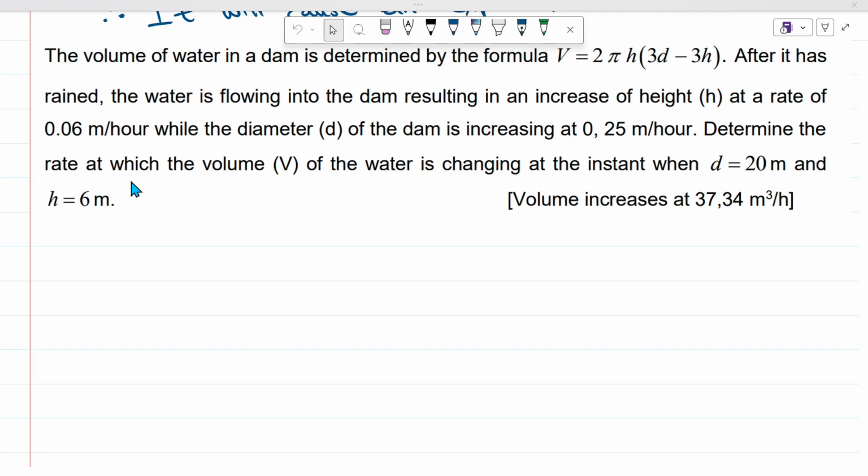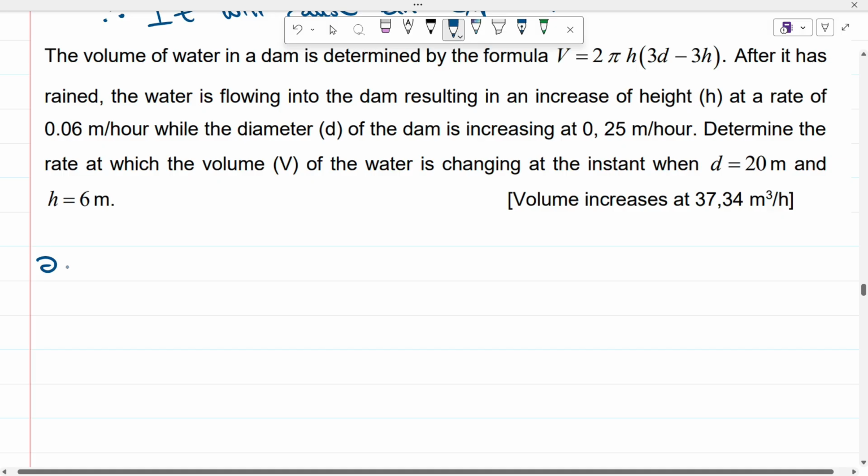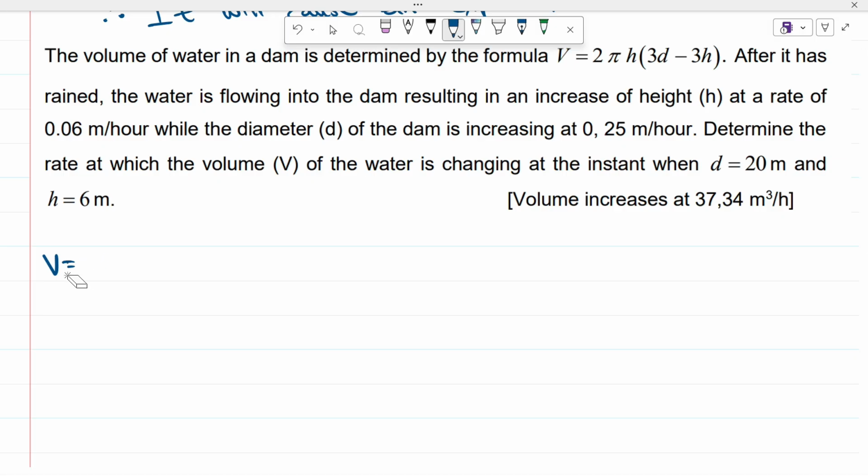So the question says we should determine the rate of change of volume. That means we are going to use the rate of change formula with the formulas given. So as always, let's start differentiating partially with respect to d and h respectively. Maybe we can first start by multiplying. Let's rewrite our given formula of v in this way.